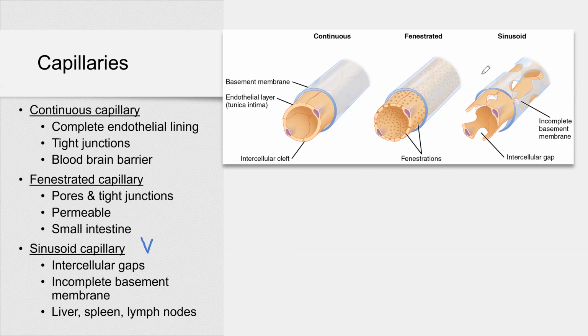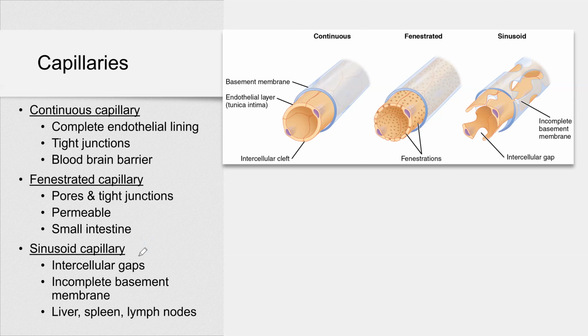Sinusoid capillaries, they're not shown over here, but they would have fenestrations as well. Plus, they have these intercellular gaps over here. So like big openings between endothelial cells, and plus even the basement membrane is incomplete.